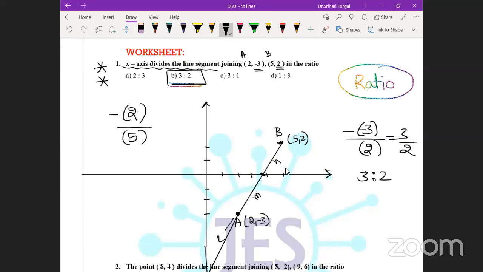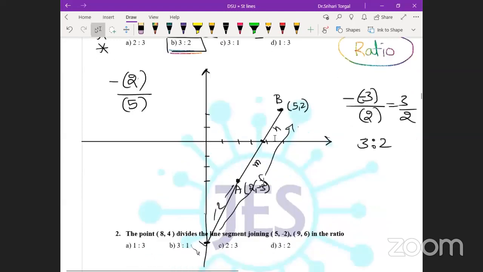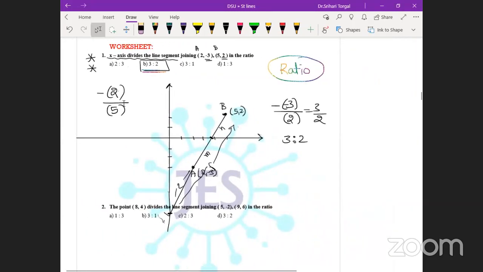For here it is 2. From here to here it is 5. Minus 2 is to 5 externally, right? So the answer is for the y-axis. This is for the y-axis, which is external. You can see here minus 2 is to 5. Right? These are the two cases.